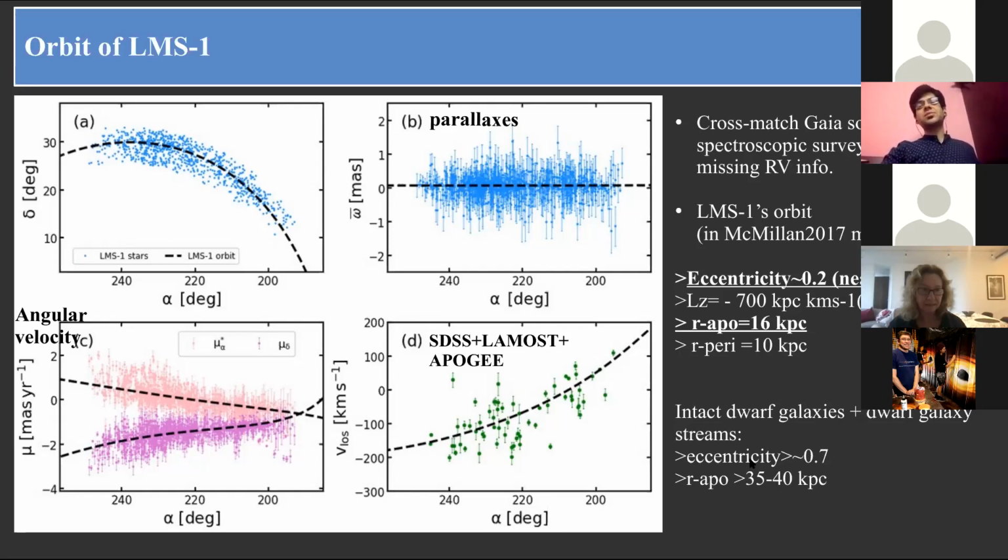Also, most of the streams and intact dwarf galaxies have very large apocenters of more than 35 to 40 kiloparsec. But the apocenter of LMS1 is very low. It's only 16 kiloparsec, so it's within the 20 kiloparsec radius. So these distinguishing orbital properties make LMS1 a very interesting dwarf galaxy stream.